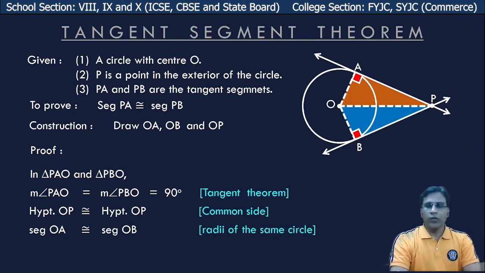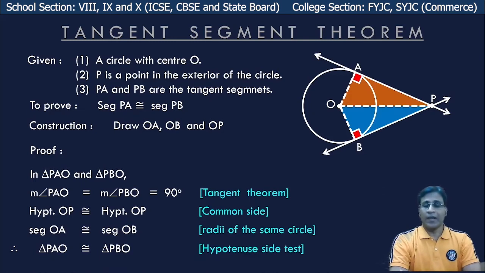So now both the triangles are congruent by hypotenuse side test. Once the triangles are congruent, we know the remaining elements are also congruent. Now when I say remaining elements, I just need the third side, that is side PA and PB. Now since the triangles are congruent, I can say segment PA is congruent to segment PB, and the reason will be CSCT.